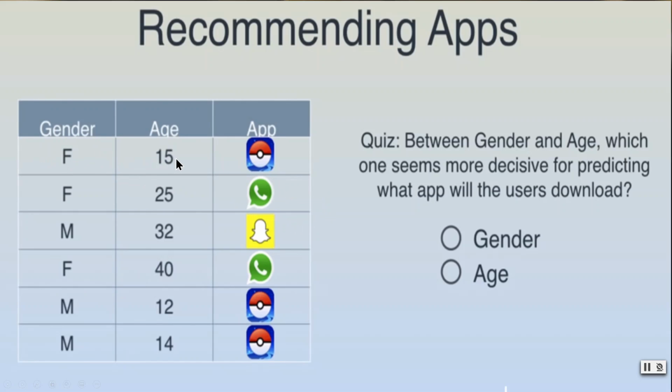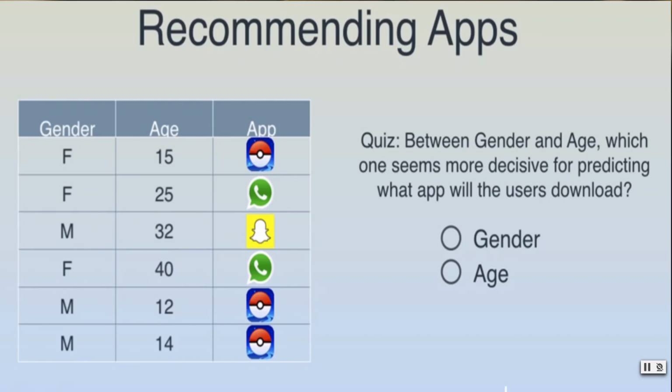This person is a 15-year-old female who eventually downloaded Pokemon Go. The second row corresponds to the profile of a 25-year-old female who eventually downloaded WhatsApp. And the third row is a 32-year-old male who eventually downloaded Snapchat.